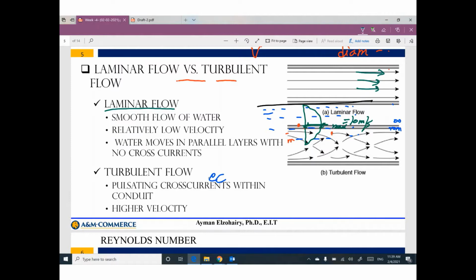The second type is called turbulent flow. We don't have a smooth flow; we have turbulence inside this pipe. This happens at very high speed, very high velocity.